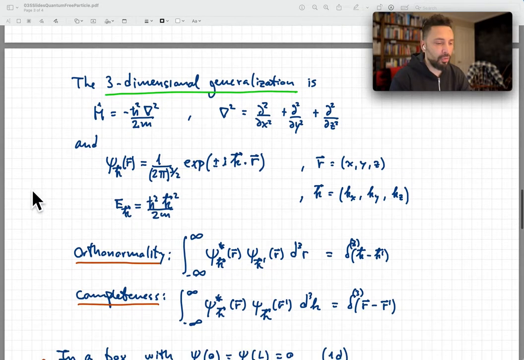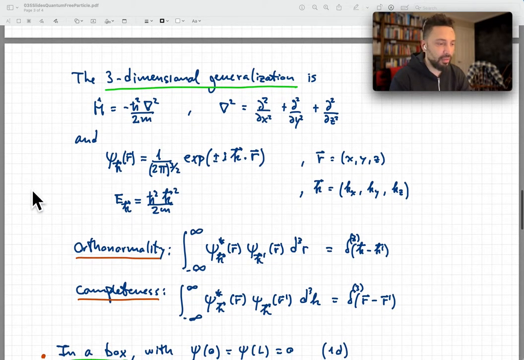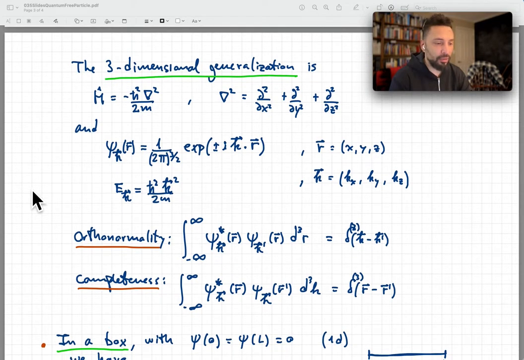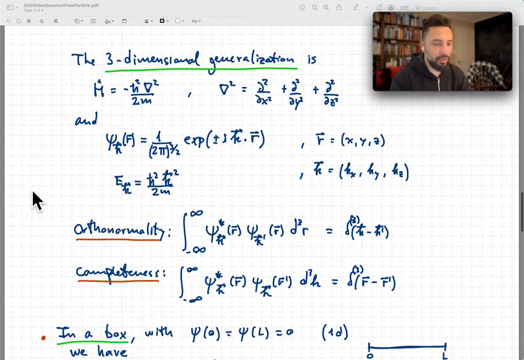And coming with this, you have orthonormality conditions, which I didn't mention before, but which are also true in 1D. They tell you that the integral from minus infinity to infinity of wave functions evaluated at the same argument, but with different momenta, are orthogonal. That means you get 0 unless k is equal to k prime.